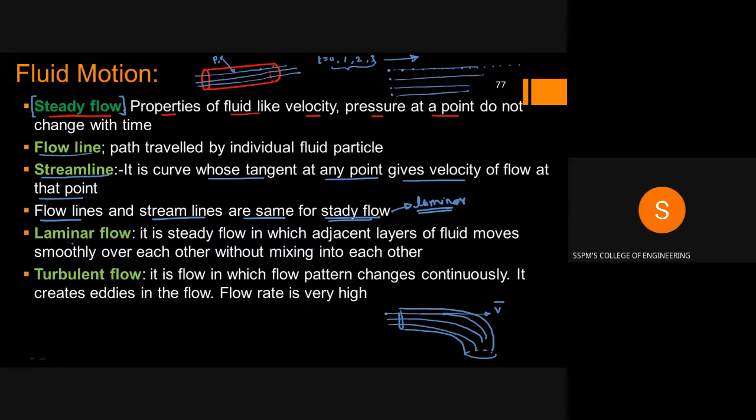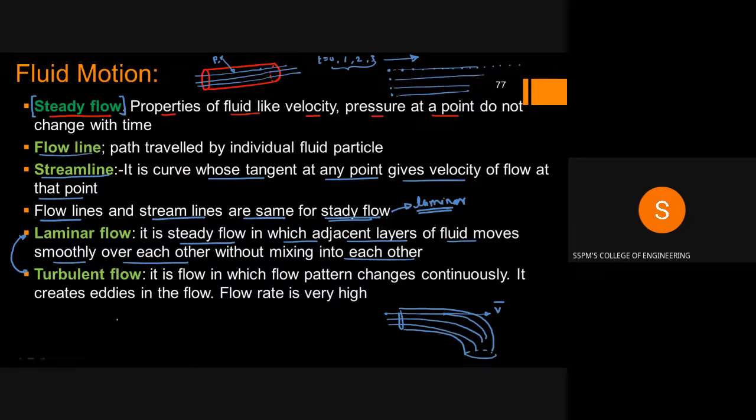What is the laminar flow and the turbulent flow? It is the steady flow in which adjacent layers of a fluid move smoothly over each other without mixing into each other.